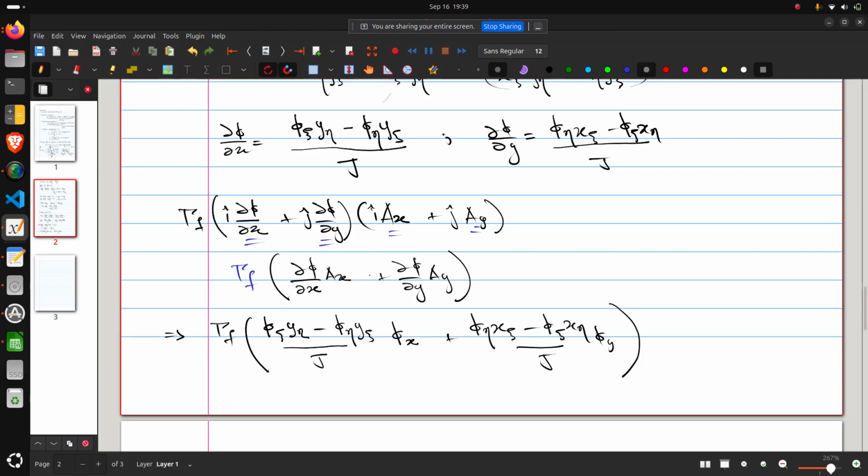Now we will do another manipulation. We'll take this term and this term together, and club this term and this term together, to get our dou phi dou eta and our dou phi dou psi.